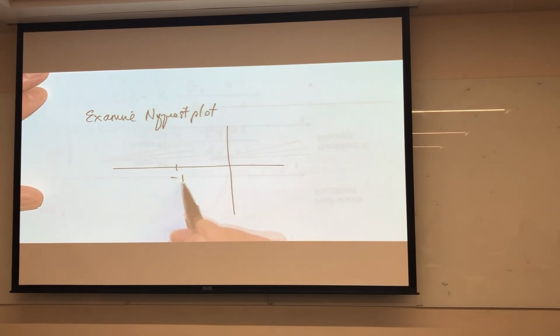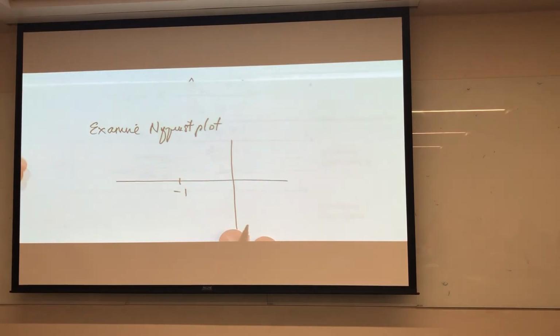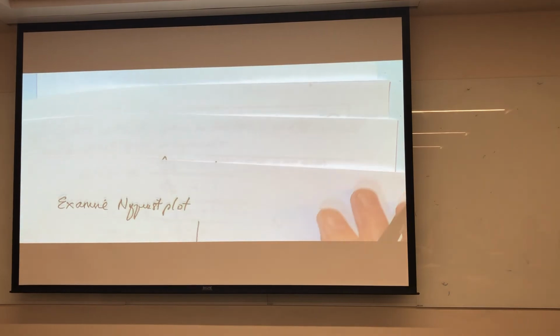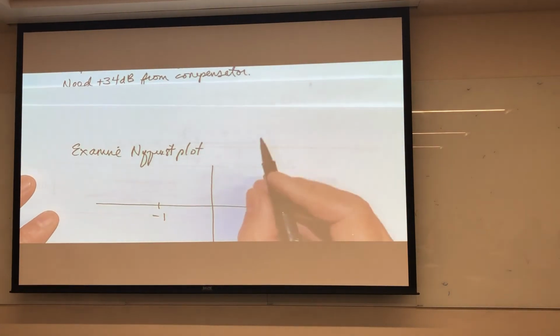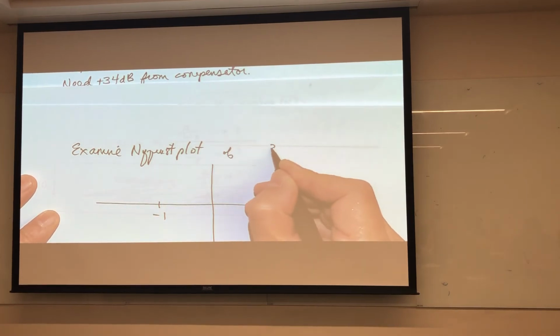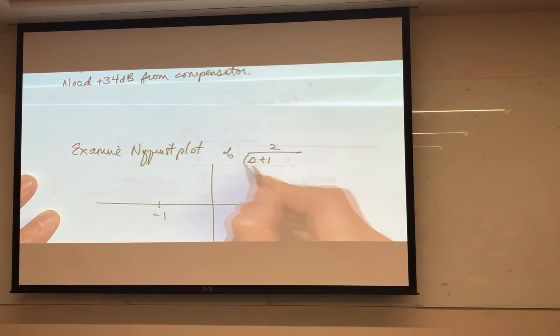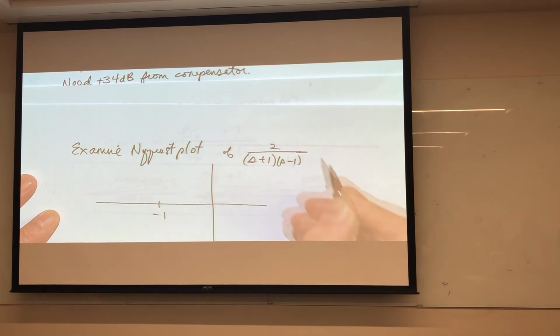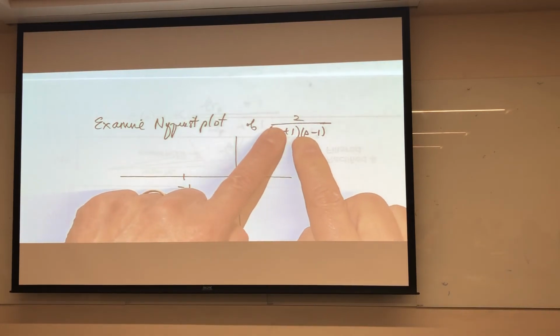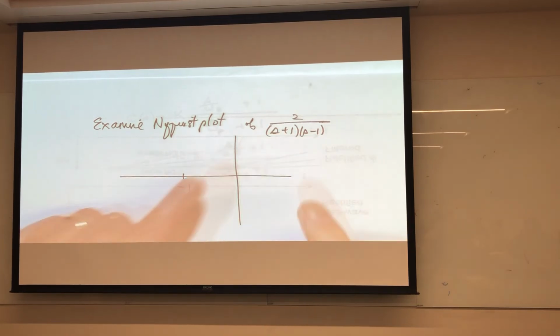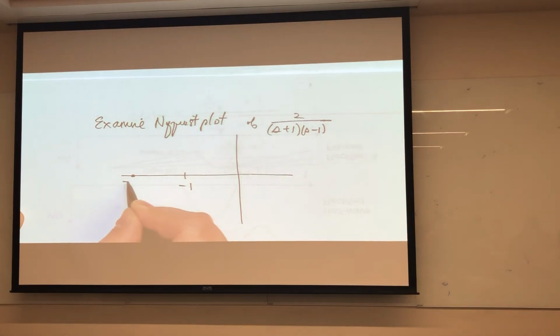Here's minus 1. The transfer function initially was 2 over (s plus 1)(s minus 1), like so. When s is equal to 0, when omega is equal to 0, I get 2 over negative 1. So I start off right here, negative 2.